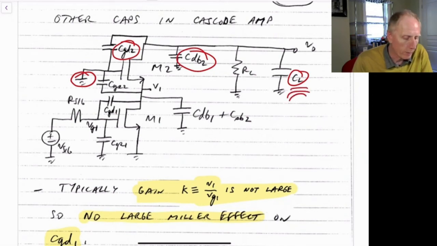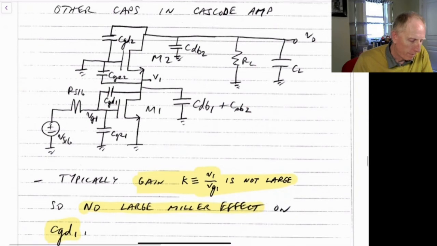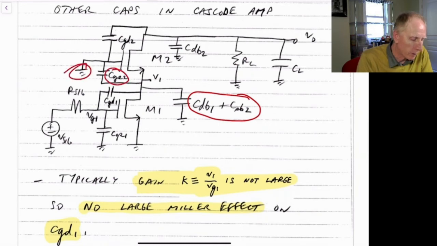So all 3 of those capacitors are just in parallel, and that just changes our load capacitance. We also have a capacitor at this intermediate node, but that will also be in parallel with this capacitor here, because this again is just a grounded node at this point.